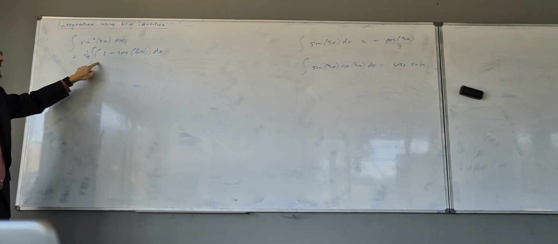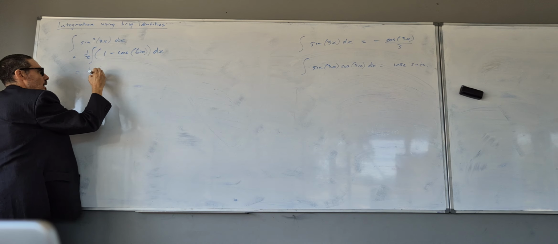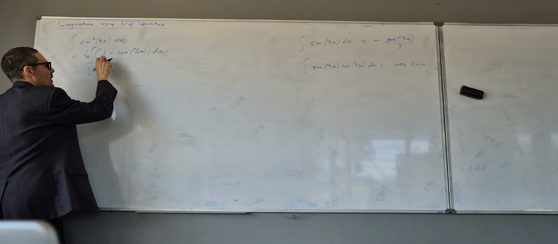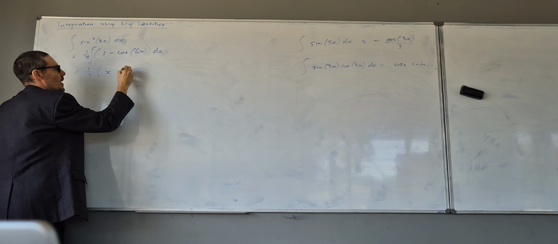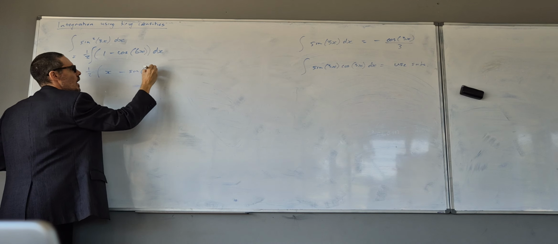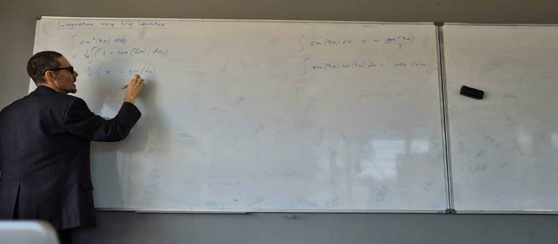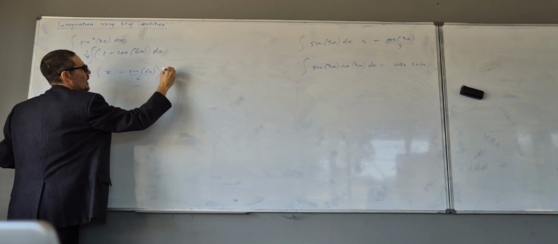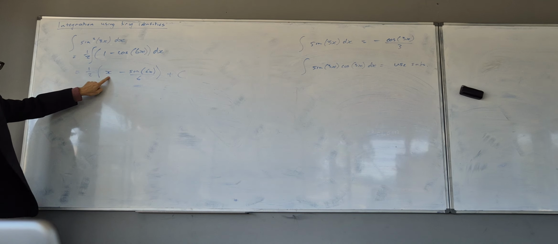You can put the half inside, doesn't really matter. I just did that because it means I can go half. The integral of 1 is x. Integral of cos is sine over 2, no, over 6. Are you comfortable with this step?